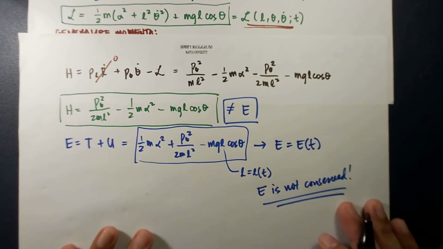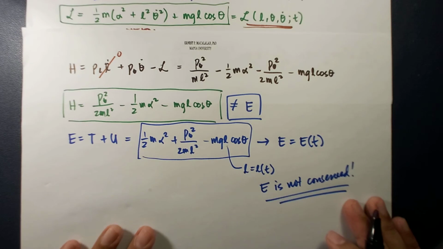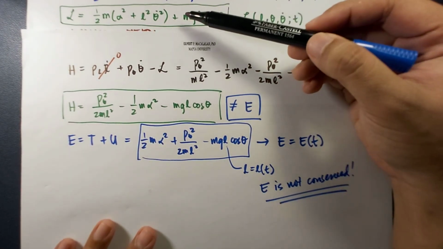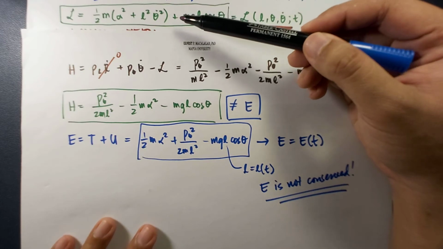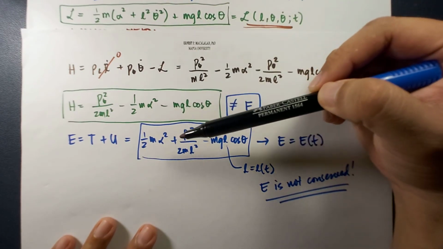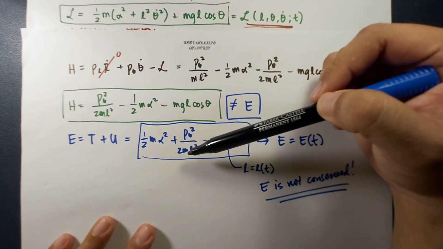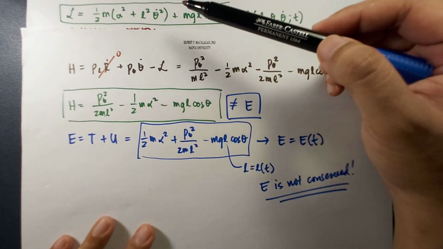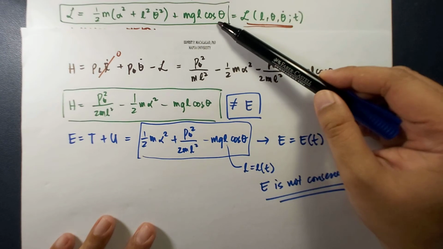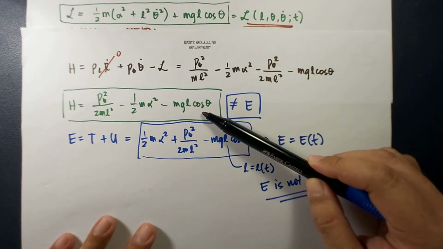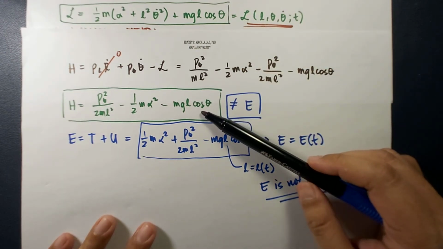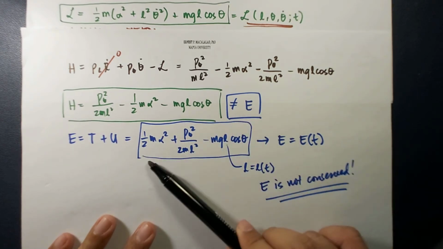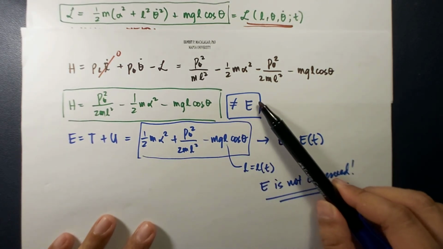So to summarize, this is the Lagrangian of the system and this is the Hamiltonian of the system, and we showed that the Hamiltonian is not equal to the total energy of the system.